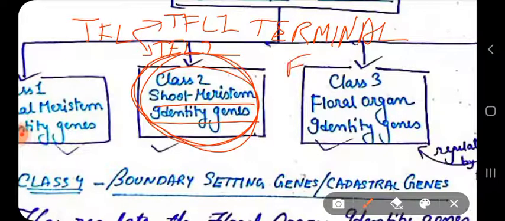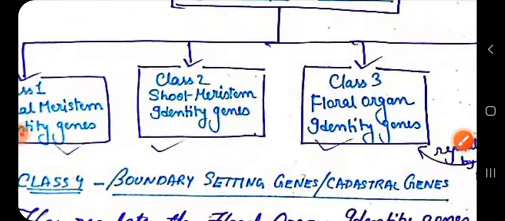So just now I have talked about the class 2 shoot meristem identity genes. It is repressing the development of flowers. It maintains the identity of shoot meristems when it gets expressed, and it is the opposite of class 1 floral meristem identity genes, right? It prevents the floral transition and maintains the vegetative growth of the plant.